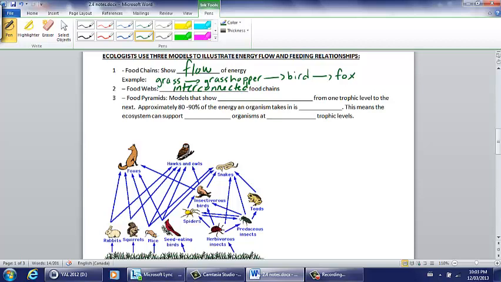And we're going to be looking at food pyramids more in 2.5, but for right now, we'll just say that food pyramids are models that show the loss of energy from one trophic level to the next. And approximately 80 to 90% of energy an organism takes in is lost. This means that ecosystems can support less organisms at higher trophic levels.